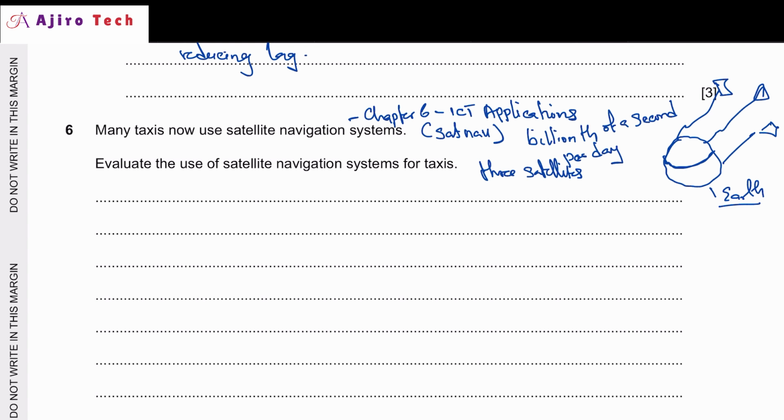Did you get that? Okay. But now, in serious business, let's evaluate. We're going to look at the benefits to evaluate the use of satellite navigation systems for taxis. Benefit: it is more updated than physical maps.